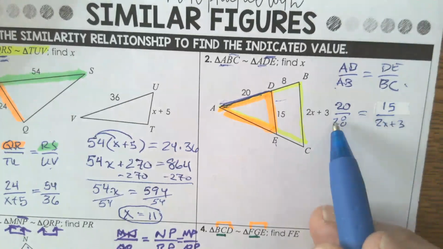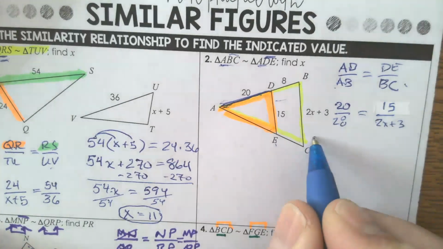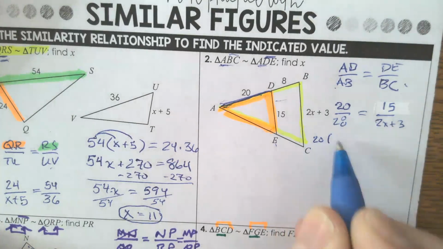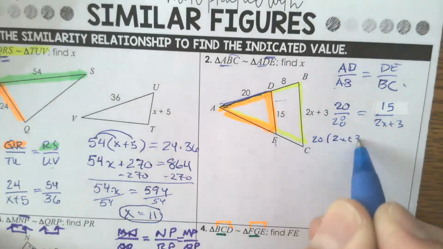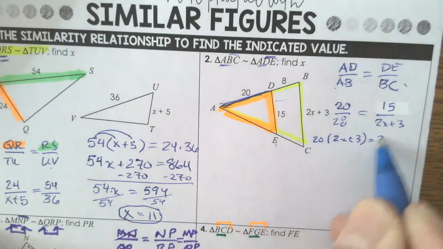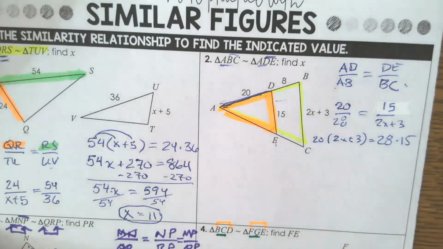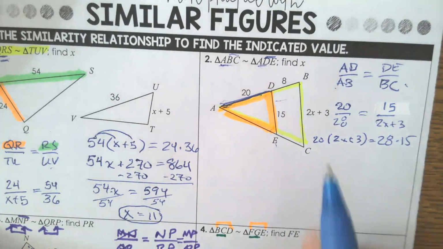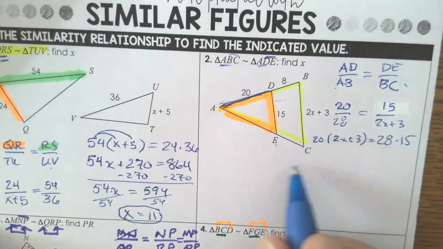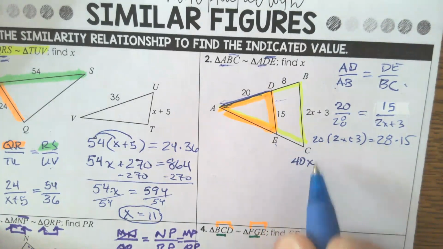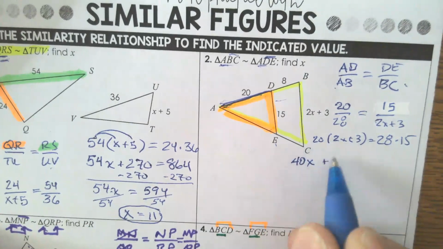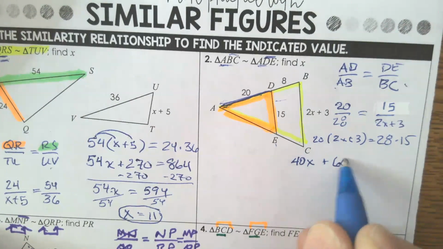Cross multiply, right? So I say 20 times 2x plus 3 equals 28 times 15. Then I distribute: 40x, because that's 20 times 2x, plus 60.